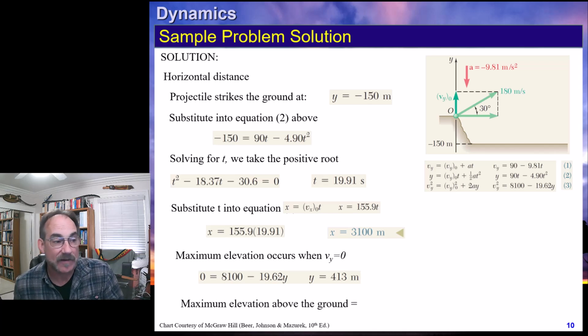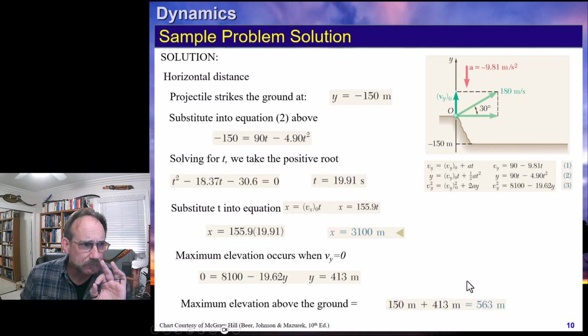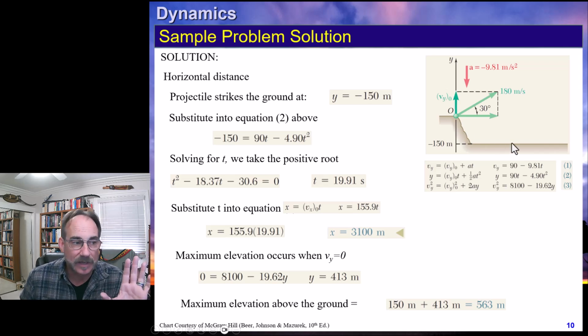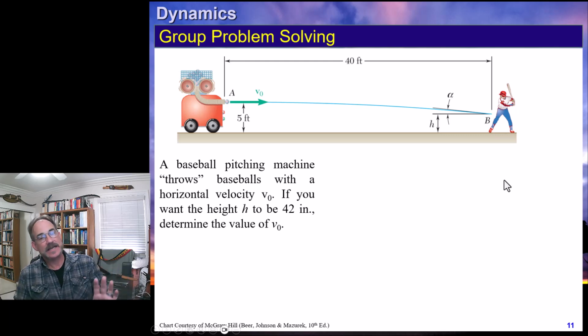And then we can figure out what the elevation is from that. Remember, this y is relative to the initial starting position. So coming from the bottom where it hits, that's 563 meters above the final place, 413 above the initial place. So that's how we solve that.